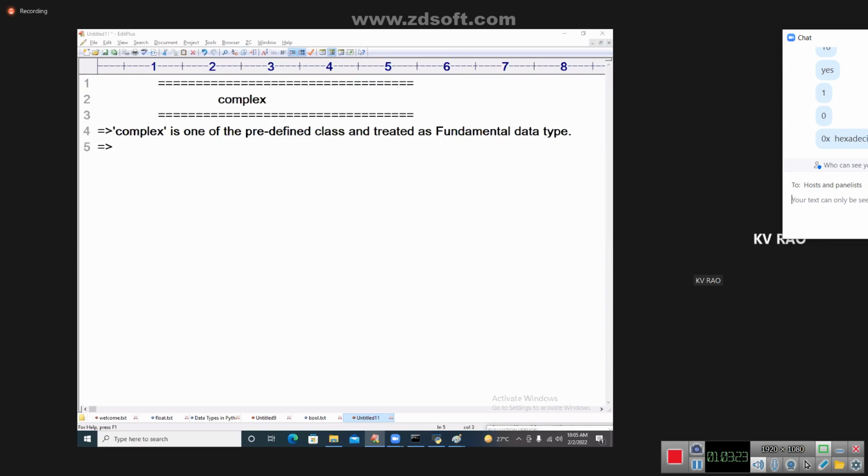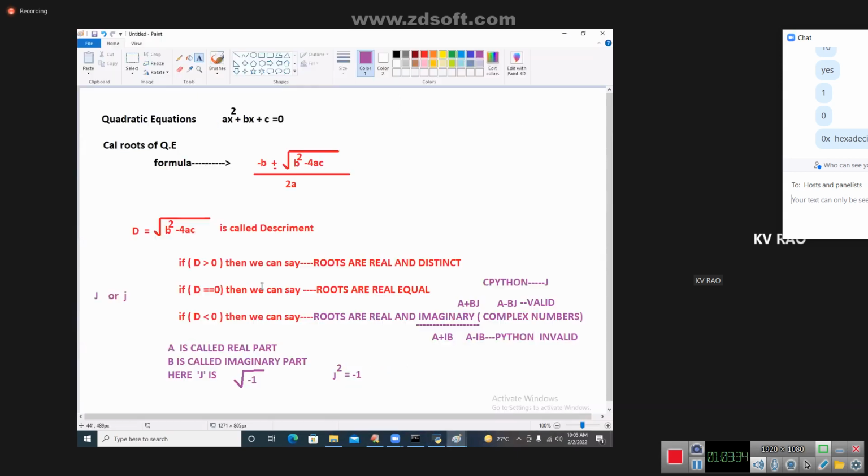Here I'm writing: complex is one of the predefined types. Now, I hope you are understanding the importance of the complex number. Did you understand, students, what I'm talking? Confirm it. Now I will prepare the notes and go for explaining that.